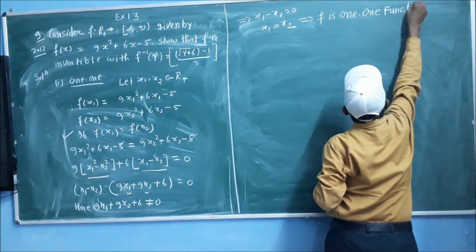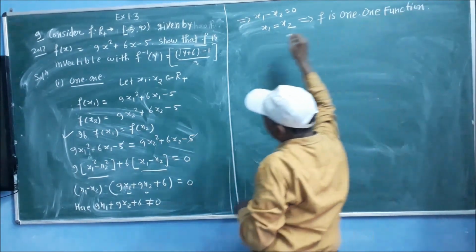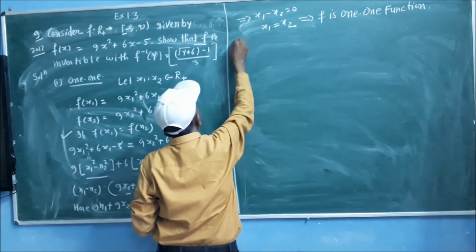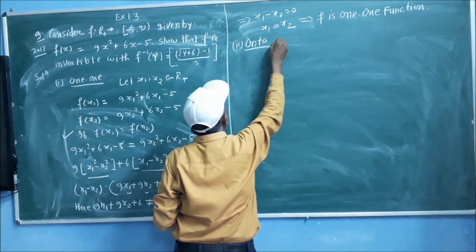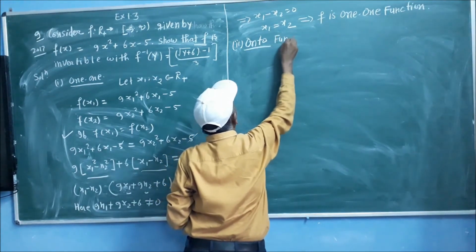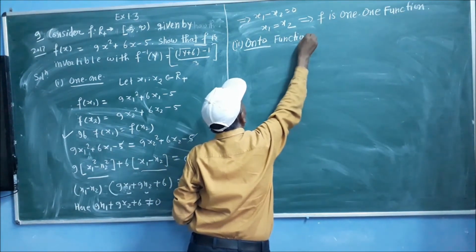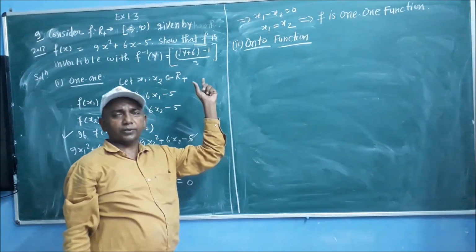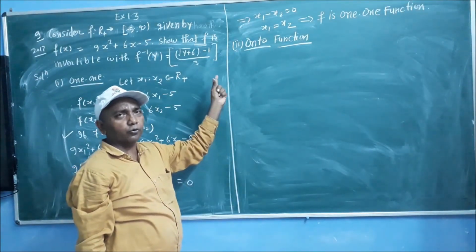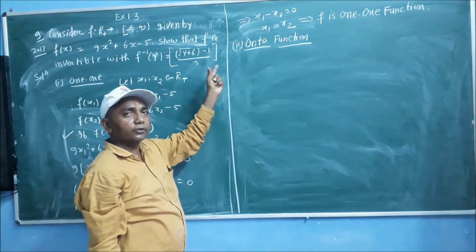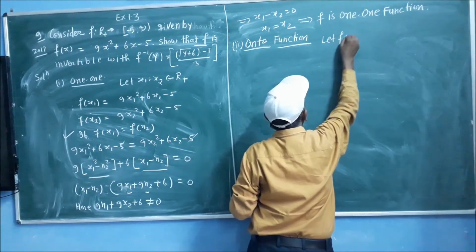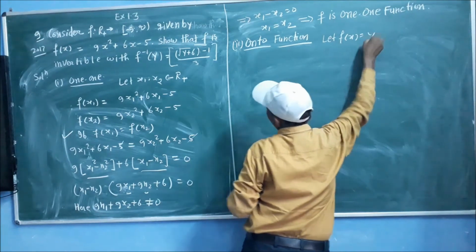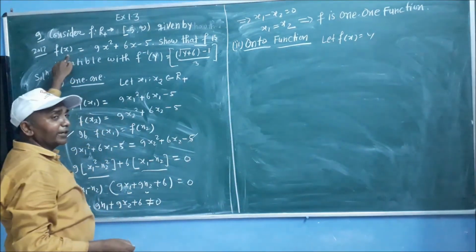And after that, in the second part you have to prove that f is an onto function. To show f is onto, the first step is to let f(x) equal to y. So f(x) is equal to y, and in place of f(x) you write y.